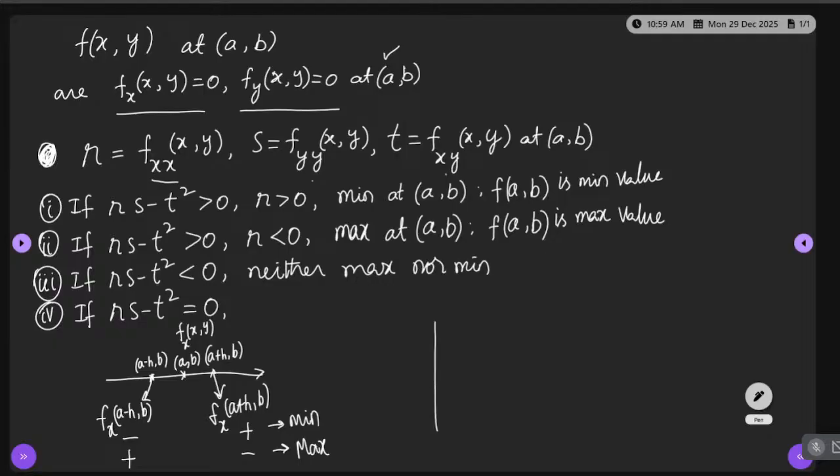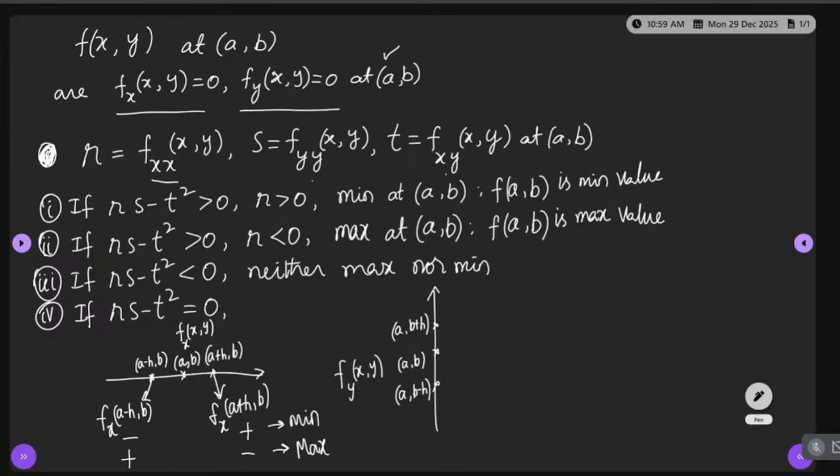If it is the y-axis, at AB, we have A, B plus H and A, B minus H. Here you have to find Fy of xy.